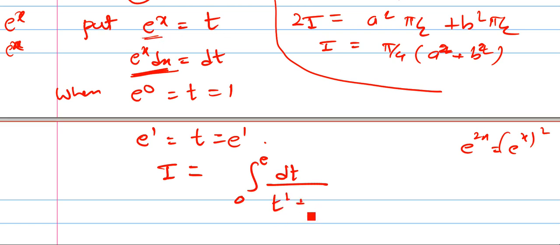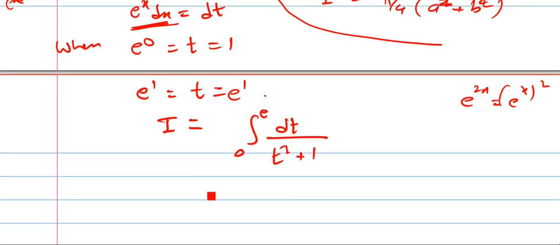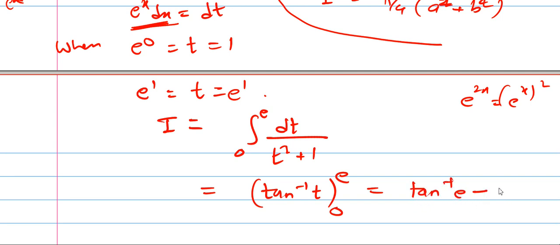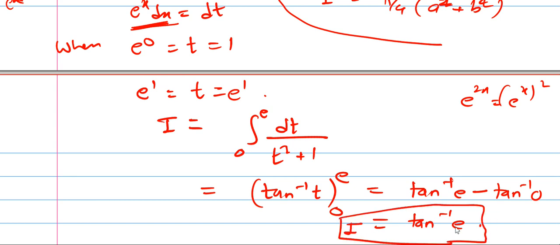So this becomes t square plus 1. Now we know that integration dx upon x square plus 1 is tan inverse x. So this becomes tan inverse t, and limits are 1 to e. So substitute limits. So this becomes tan inverse e minus lower limit tan inverse 1. So I equal to tan inverse e minus tan inverse 1 is the value of this integration.